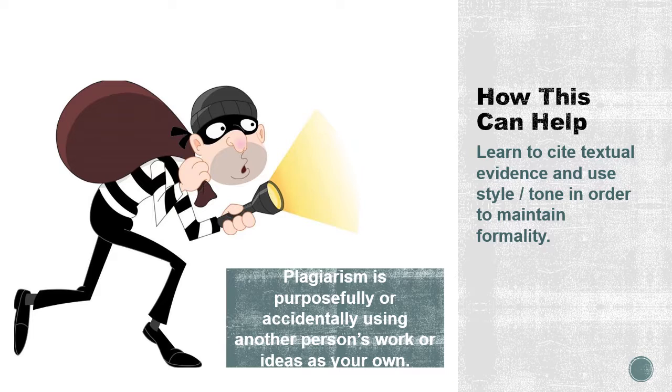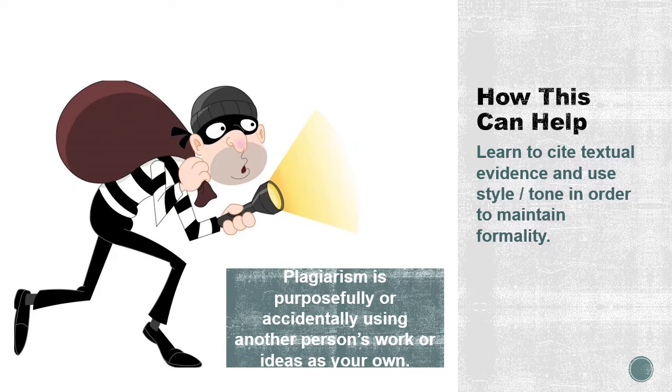So let's start with a quick definition of plagiarism here. Plagiarism is purposefully or accidentally using another person's work or ideas as your own. Notice purposefully or accidentally. So purposefully would be doing it on purpose, right? Like, oh, nobody will ever know. Or it would include things like cheating on a test. Technically, cheating on a test is plagiarism, right?